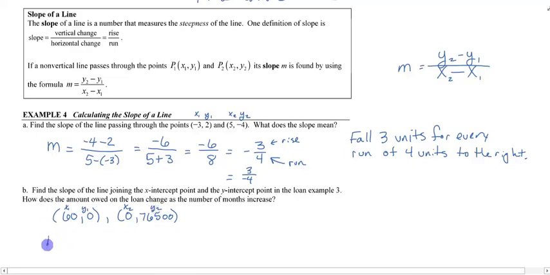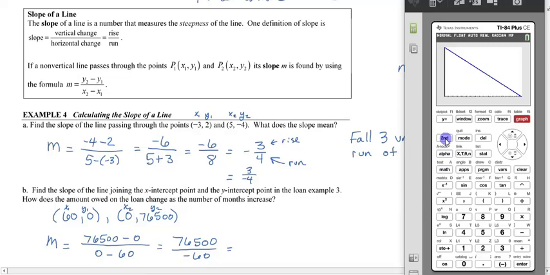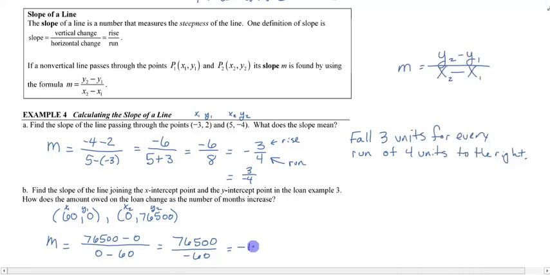And so I have the slope being 76,500 minus 0 over 0 minus 60. So I have 76,500 divided by -60. And we can put that into the calculator. 76,500 divided by 60, so that's going to be a negative 1,275.